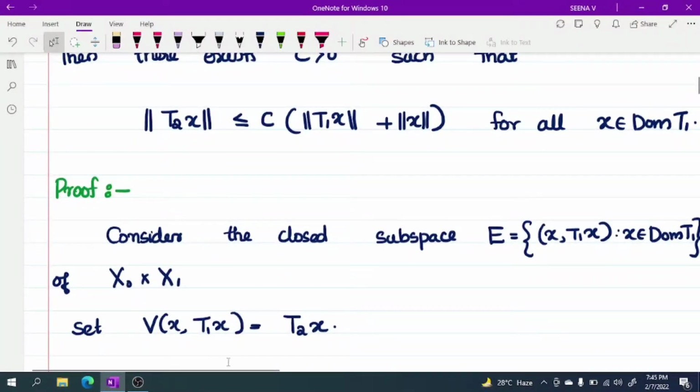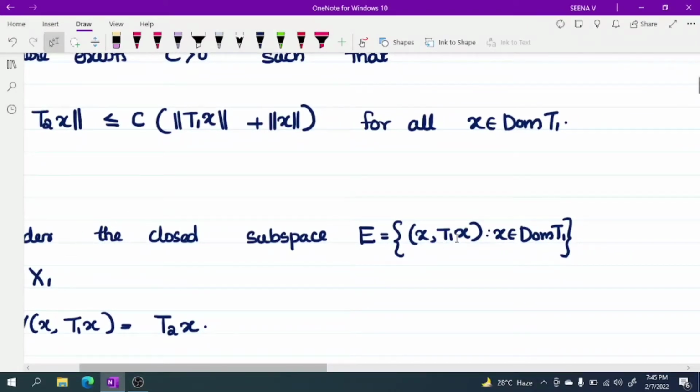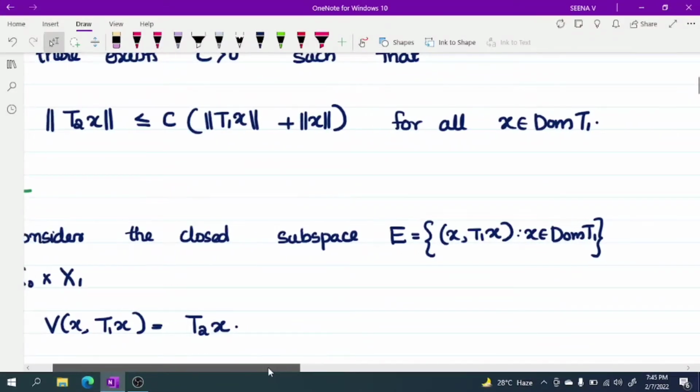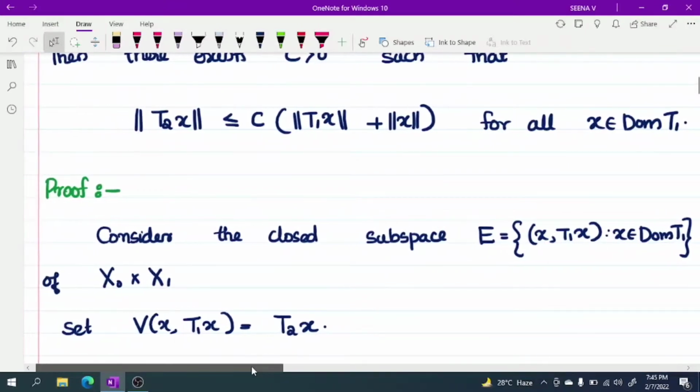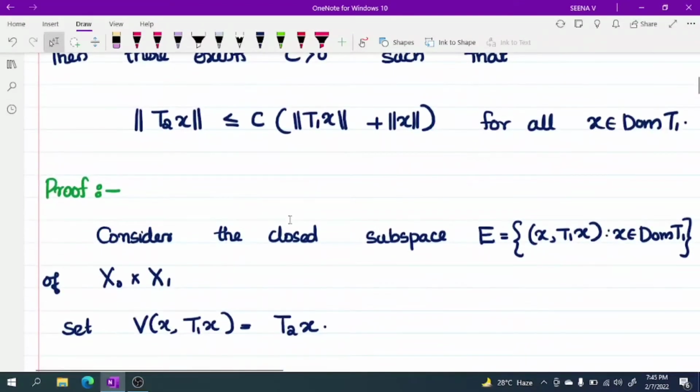Consider the closed subspace E equal to the set of all (x, T1x) such that x belongs to the domain of T1. What is this actually? This is the graph of T1. So clearly it is a subset of X0 cross X1, where X0, X1, X2 are Banach spaces.